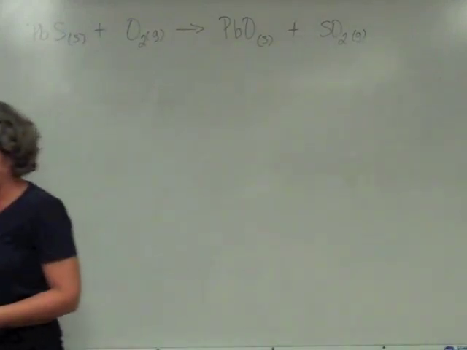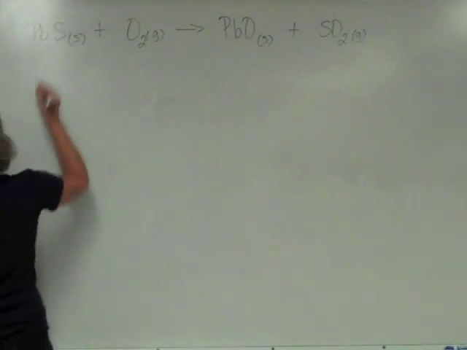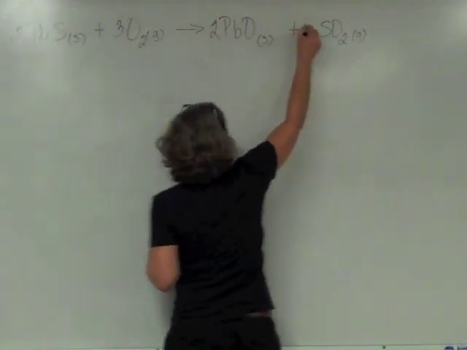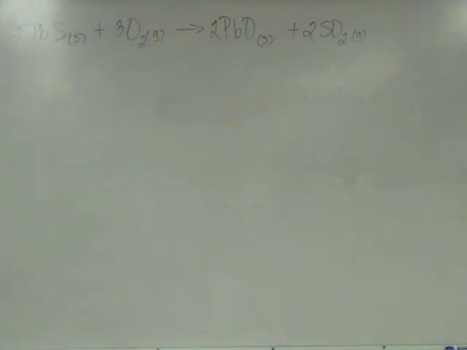Let's balance the same here. We have 2, 3, 2, 2. So 2 moles of lead 2 sulfide reacts with 3 moles of oxygen to produce 2 moles of lead 2 oxide and 2 moles of sulfur dioxide gas.